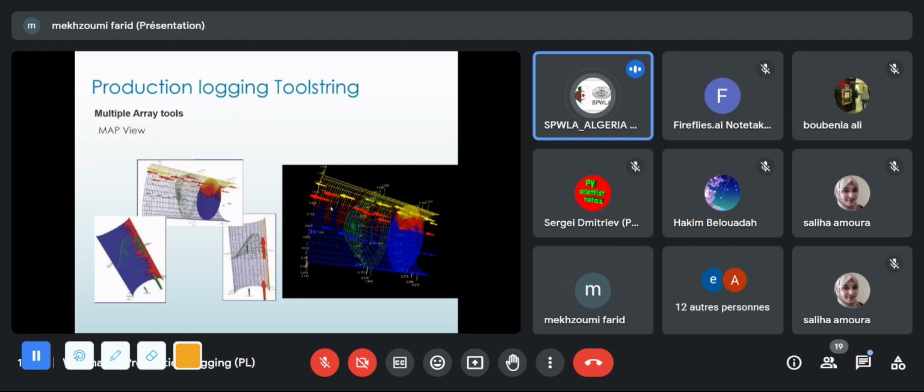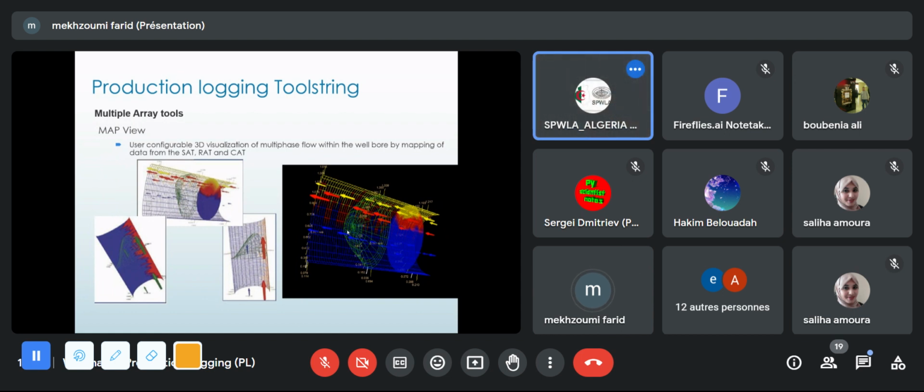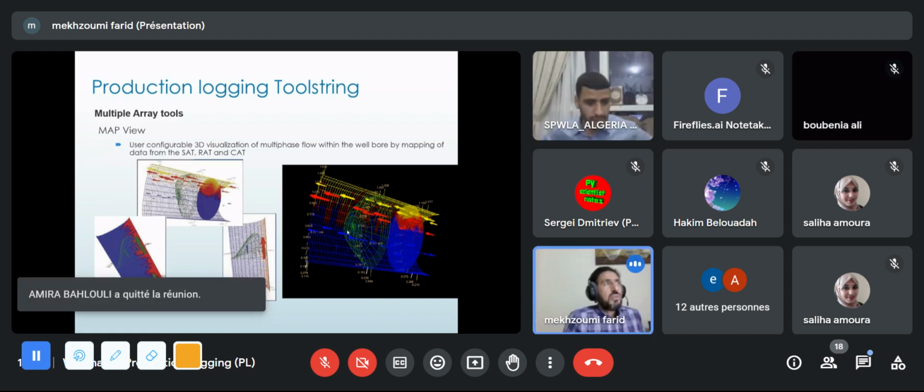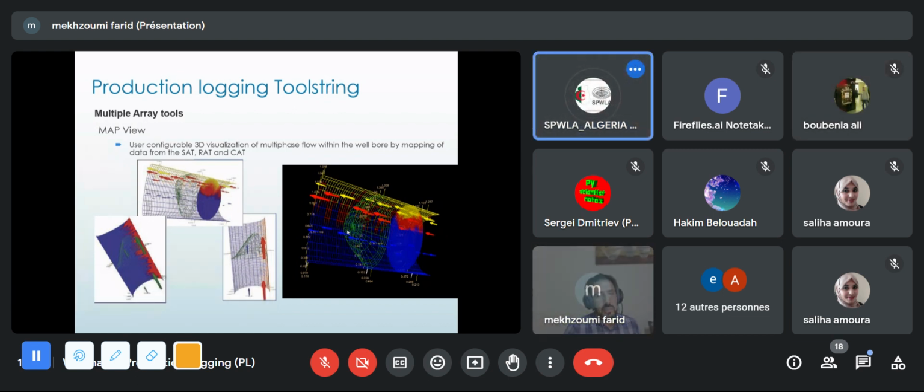For me to clarify, in this case, if we have a horizontal well with multi-phase flow, like water, gas, and oil, and we are running this CAT and RAT together, we can know the capacitance and the resistance of each phase. Do we need the PVT or not in this case, like the conventional PLT? This one, you need PVT just to convert from downhole to surface. You need BO or BG and that's it.